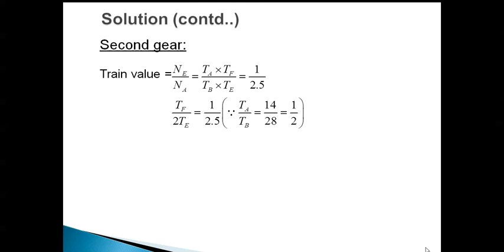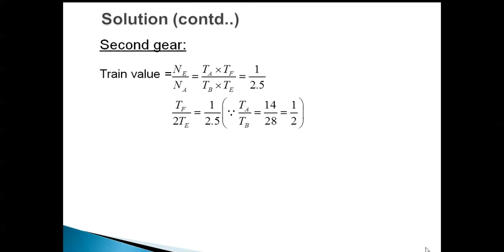Means G and H will disengage, and E will come in contact with F. So A transmits the power to B and F transmits the power to E because the F gear is on the lay shaft. So NE will be the driven speed and NA will be the driver speed.